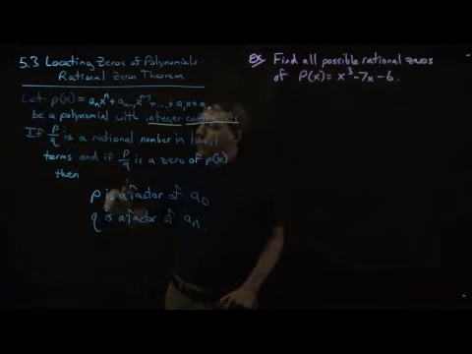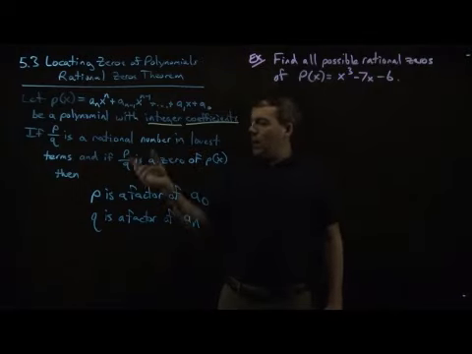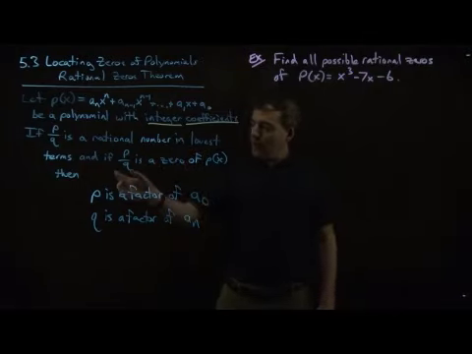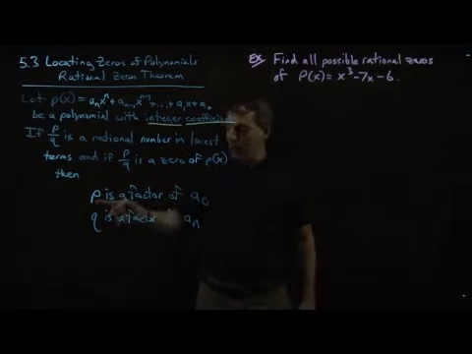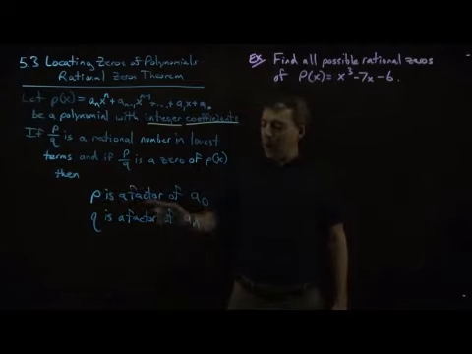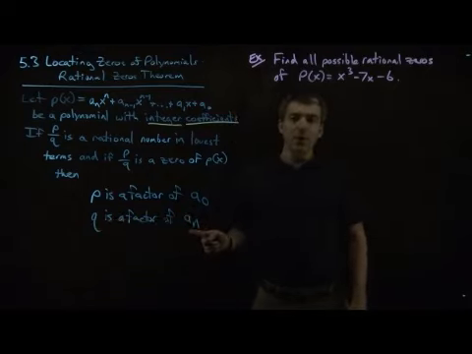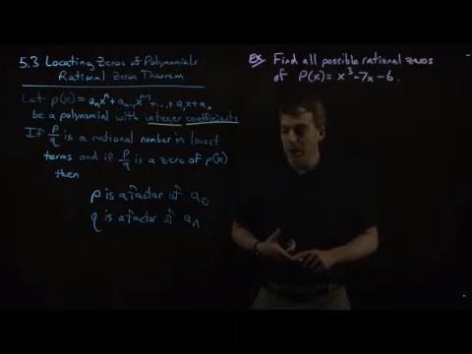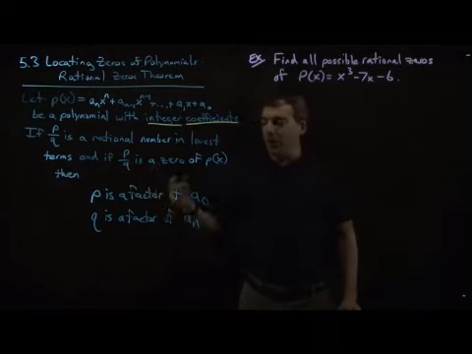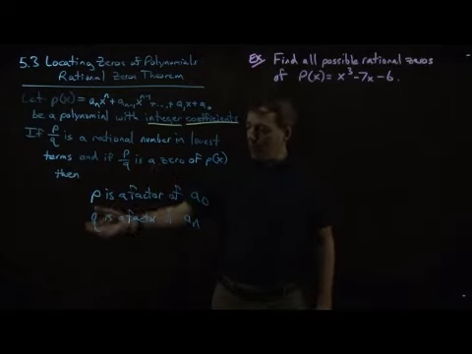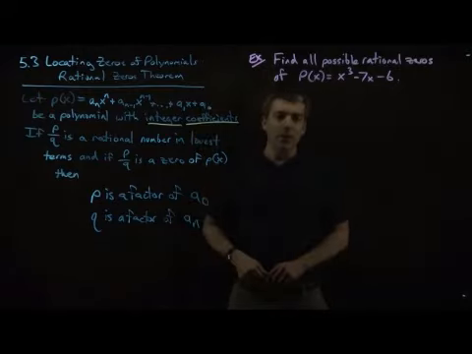If p over q, so this is just some number, a rational number in lowest terms, is a zero of p of x, then we know that the numerator in this fraction is a factor of the constant term, and the denominator is a factor of the leading coefficient. Right? So if we have a polynomial with integer coefficients, we can determine a list of all the possible rational zeros. They will be of the form p over q, where p is a factor of the constant term and q is a factor of the leading coefficient.